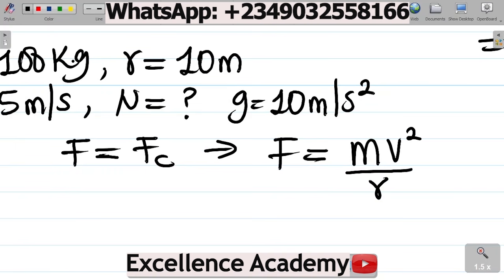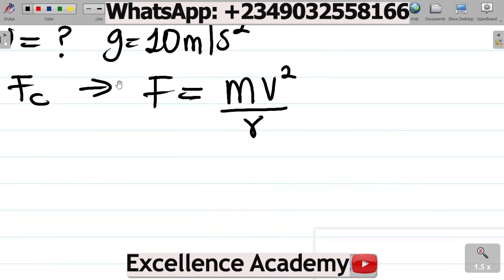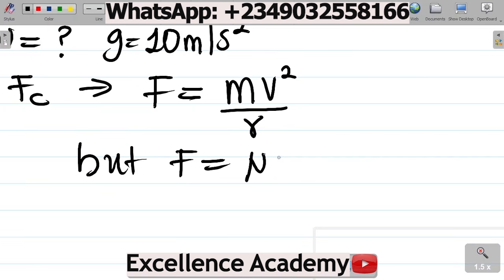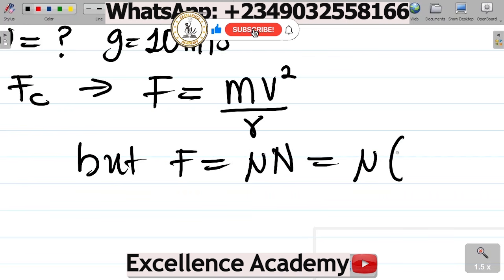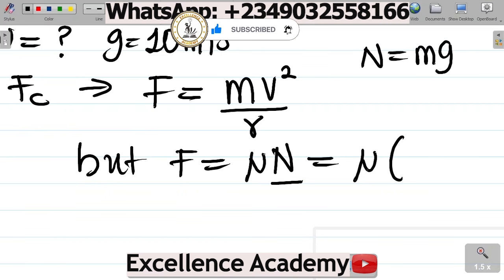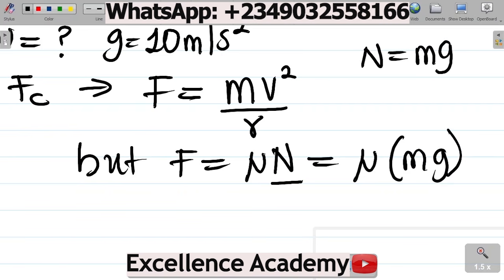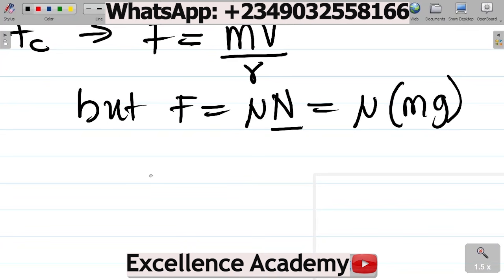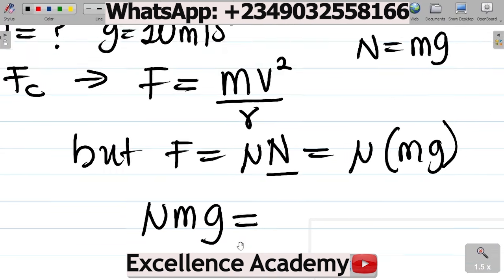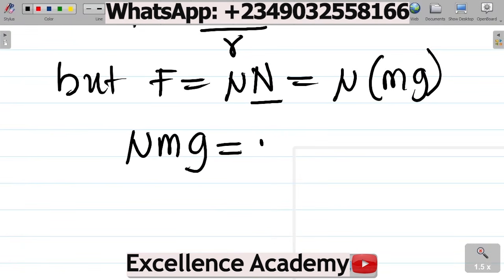But we can also bring in the coefficient of friction by recalling that F is equal to mu times normal reaction N, and N is equal to mass times gravity. So F becomes mu times mass times gravity, which is equal to mv squared all over r.